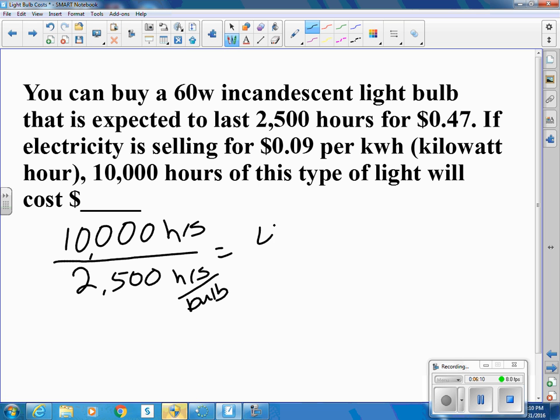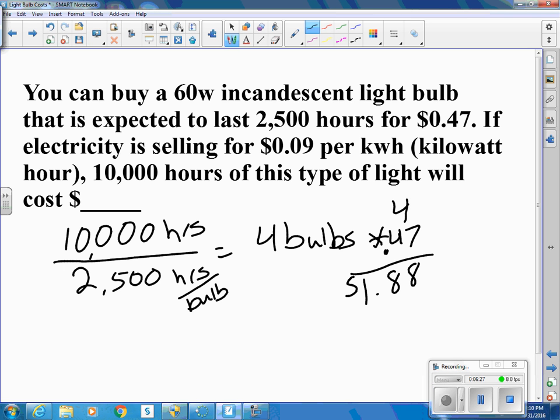So that means we're going to need 4 bulbs to do 10,000 hours. And so I have to buy 4 times the 47 cents, that's 0.47. So that equals $1.88 just to buy the bulbs.